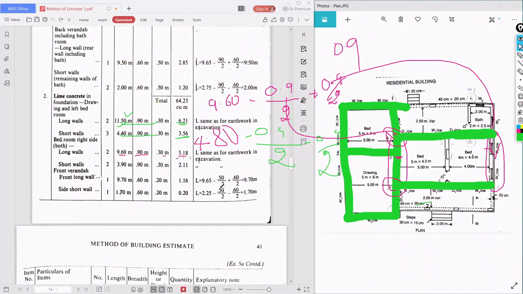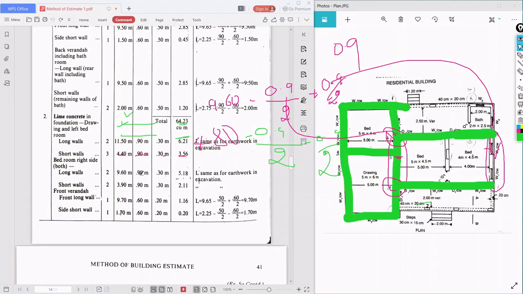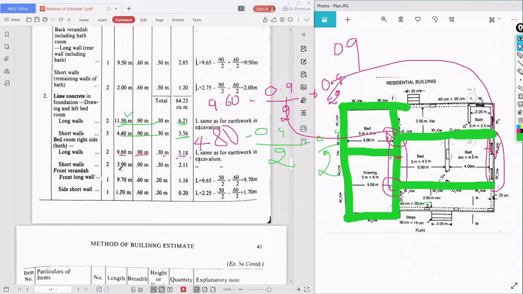It is 3.90. So 0.90 meter, 0.3. Multiply, and you'll get 2.11 as the quantity for filling that concrete.